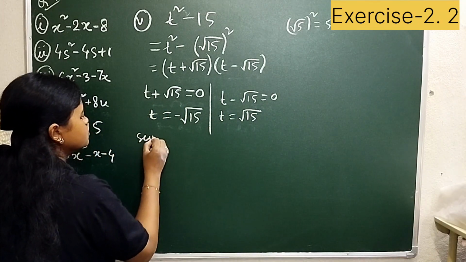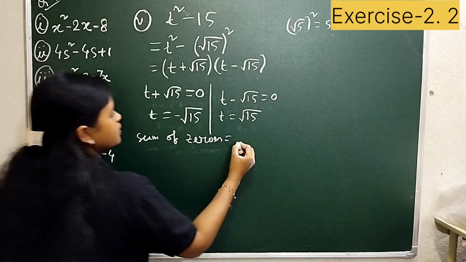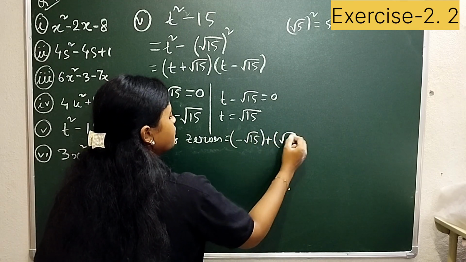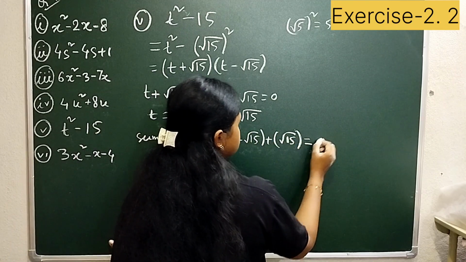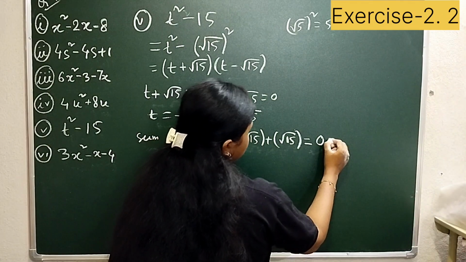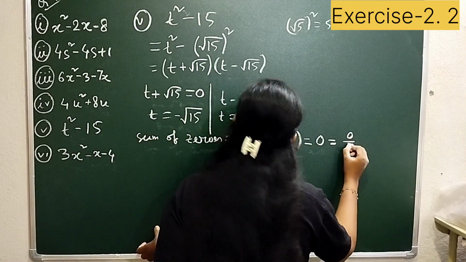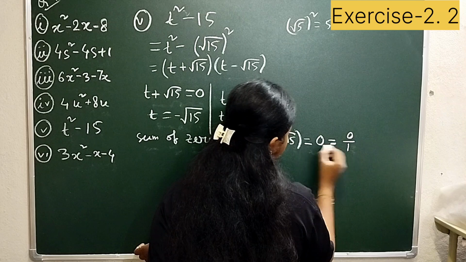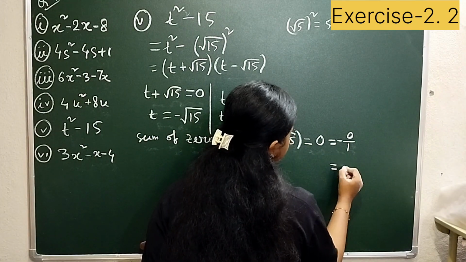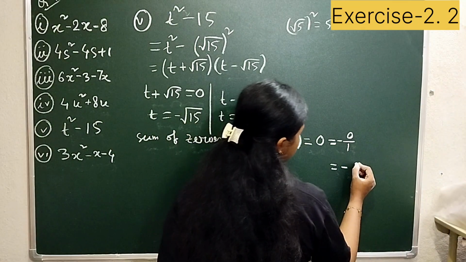Now the sum of the zeros. Sum of zeros equals minus root 15 plus root 15. Same number, opposite sign, so it is zero, and 0 can be written as minus of 0 by 1. So 0 is the coefficient of t.